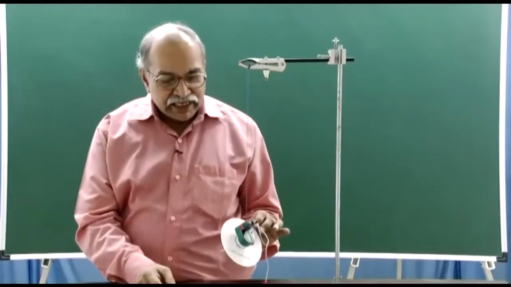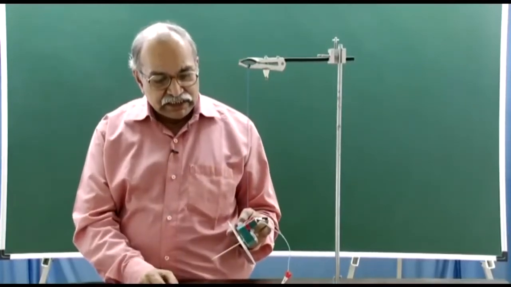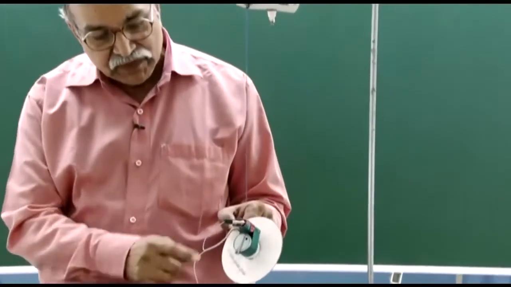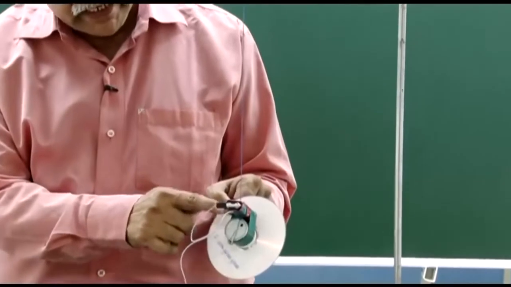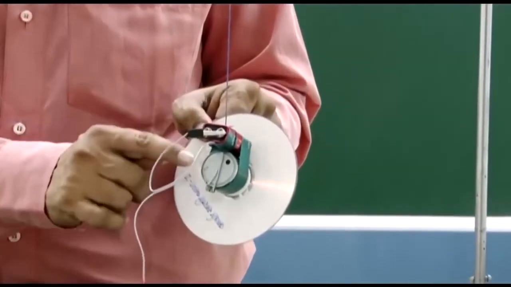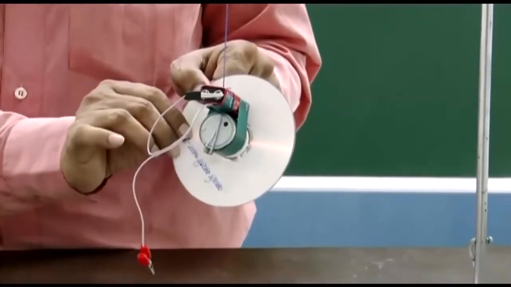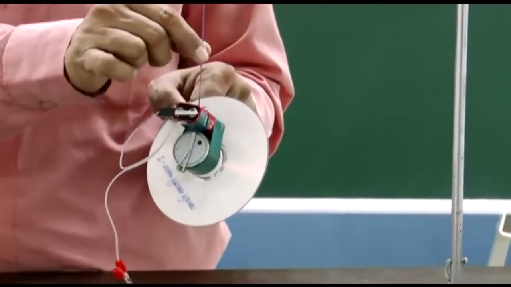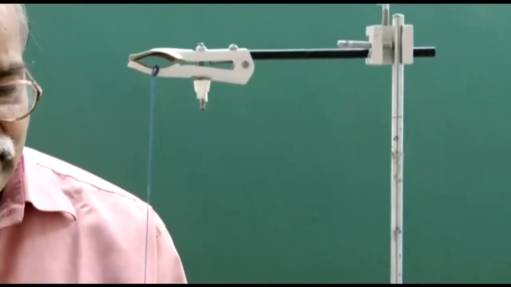In this I have taken a used CD, and on that CD I have fixed a motor and a battery. Motor, battery, they are all fixed with the CD, and this entire setup is hanging through this thread from some support. So, that is the setup.